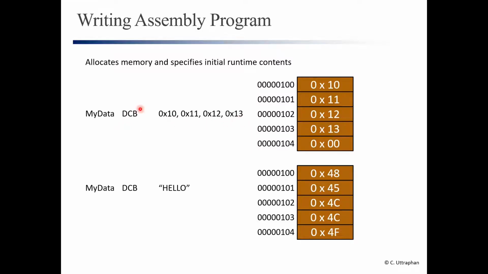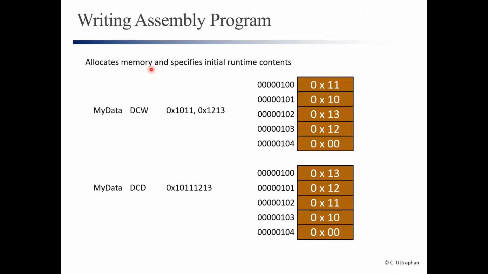We can name that memory location as my data like this. We also can define the memory content with the alphabet. For example, DCB hello. This will be represented in ASCII representation in the memory. Hex 48 represents H, 45 for E, and so forth.